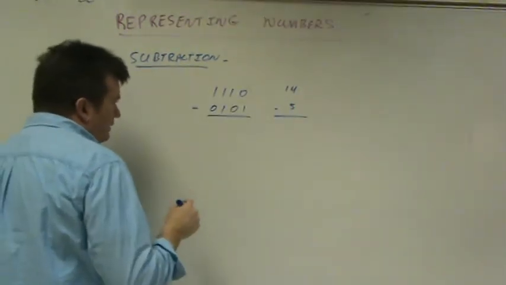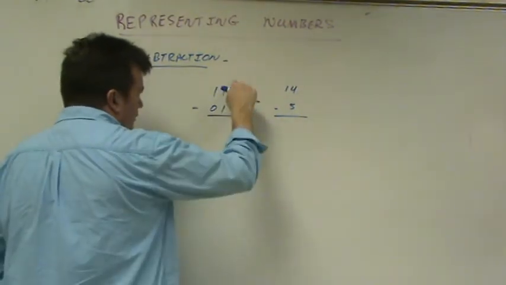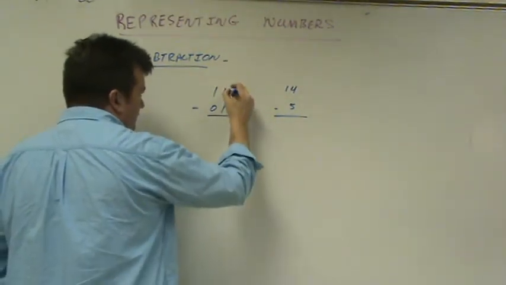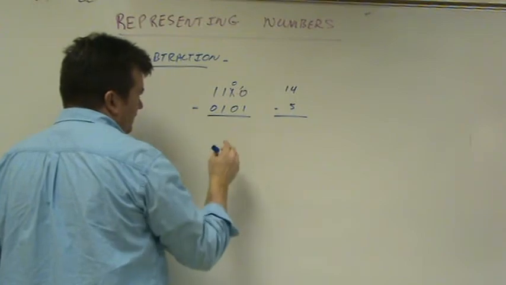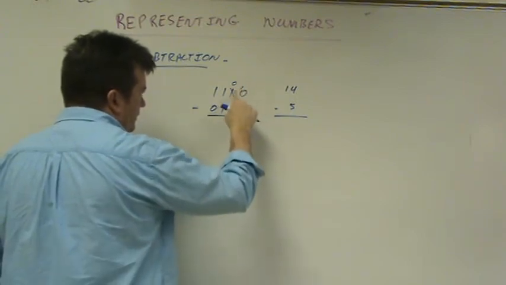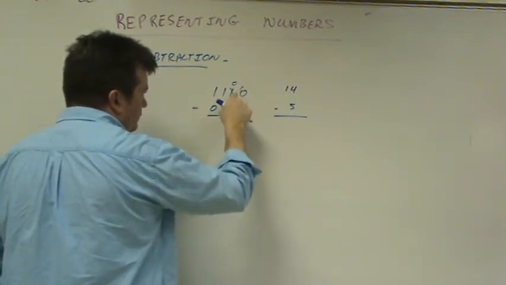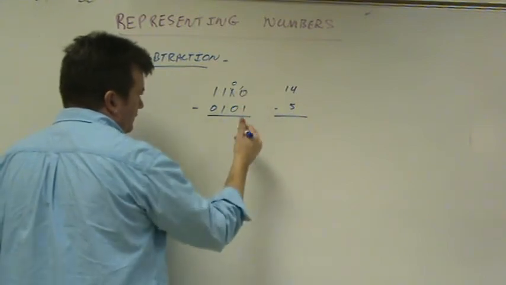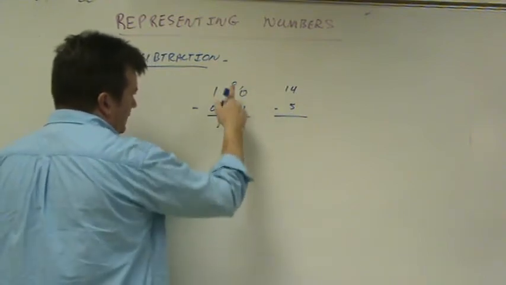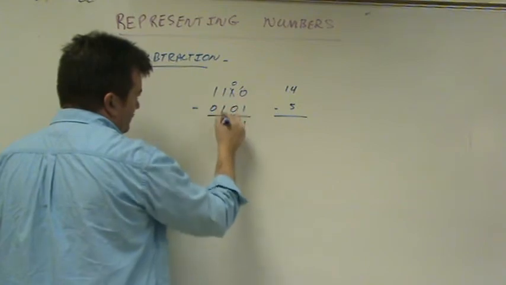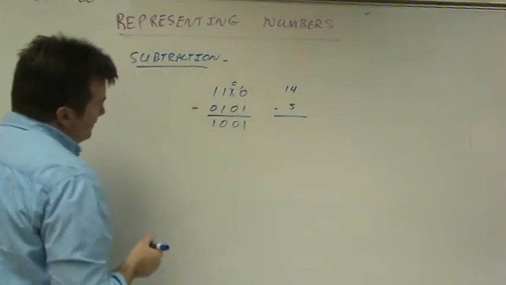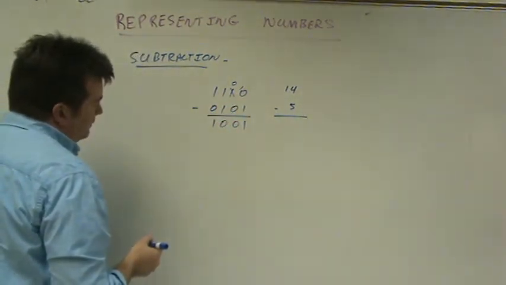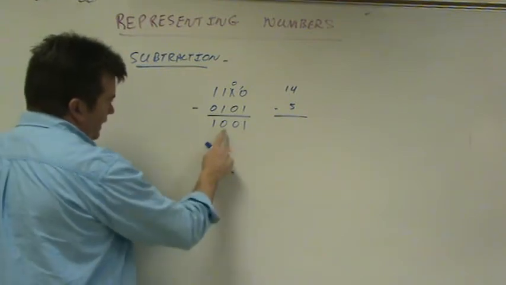Well, what we can do is borrow 1 from what's out here. So I can make this a 0 and borrow 1 here. And then do this plus what we borrowed, subtracting this one. We could get a 1 here. And now the zeros worked out okay, this worked out okay. This one wasn't too hard. We ended up with 8 plus 1 is 9.